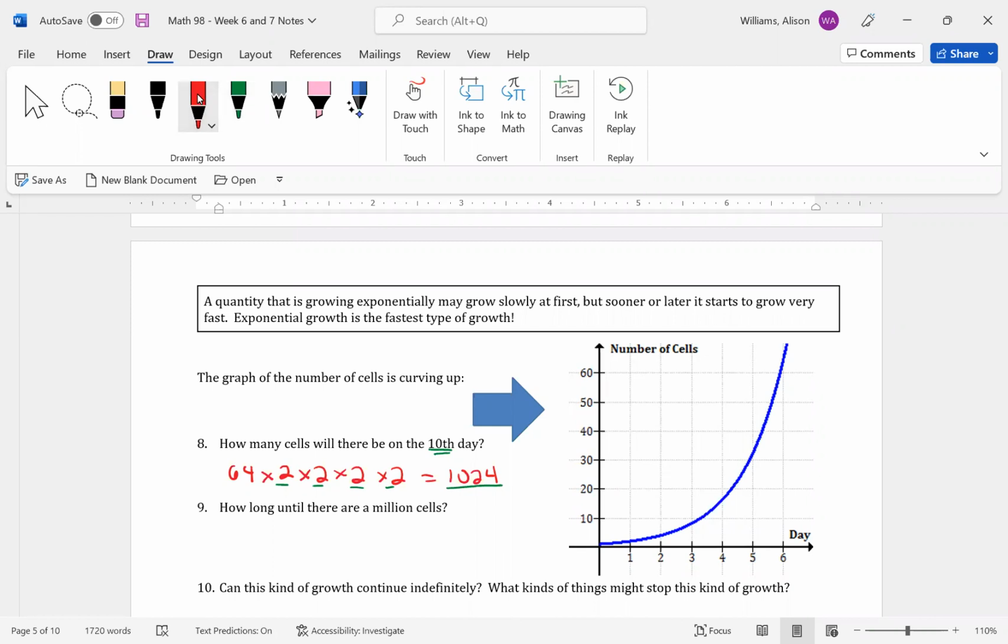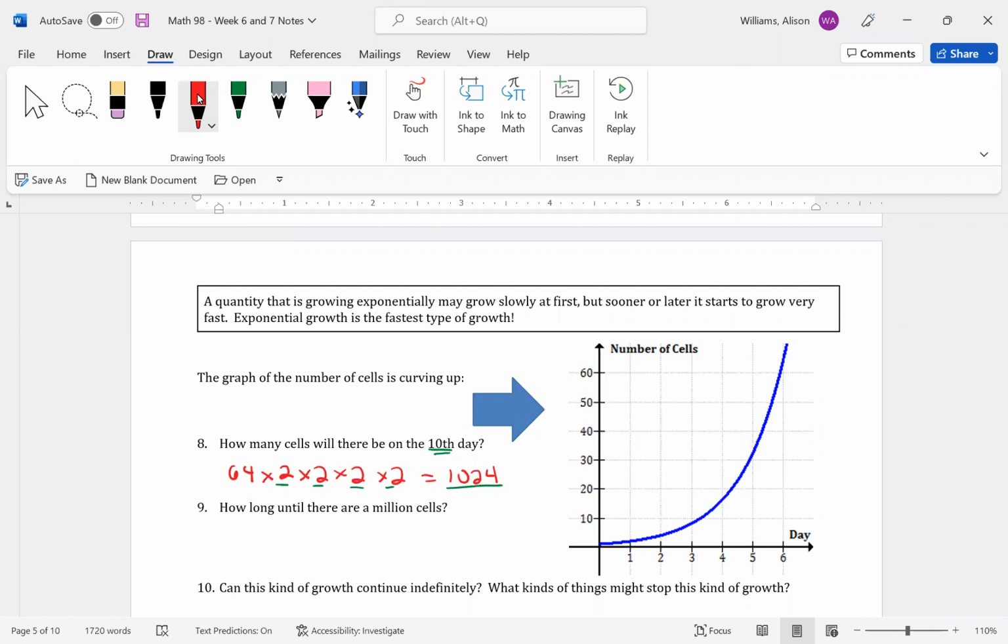Okay, so here's how many times you would probably have to do that. 10 times. So if you multiply by 2 10 times, you should finally hit 1,048,576. There we go.